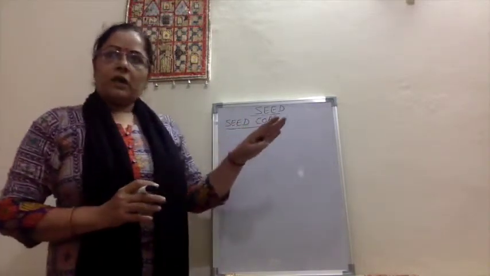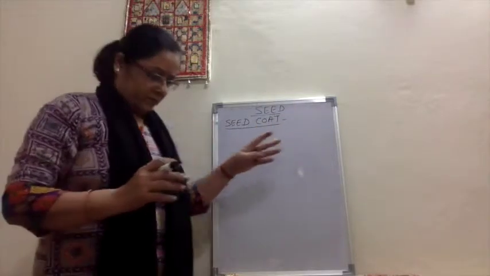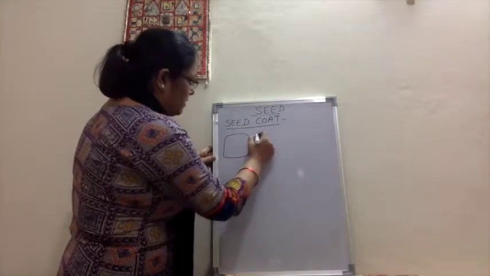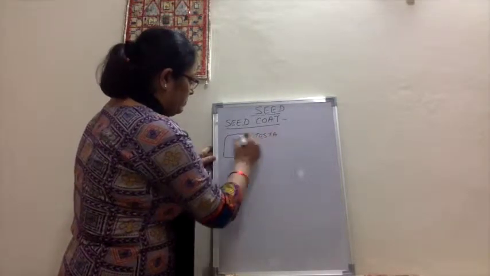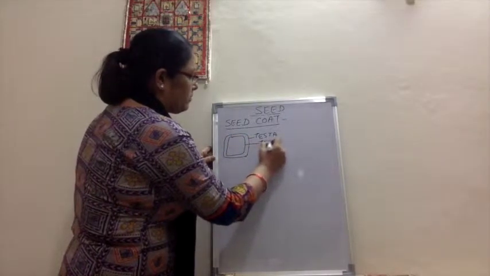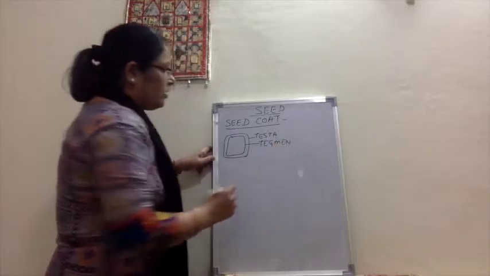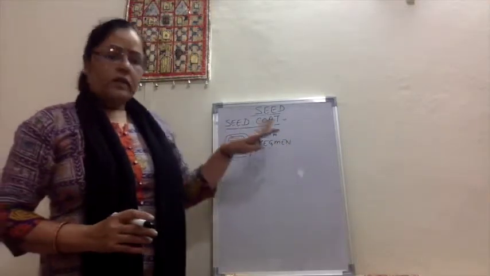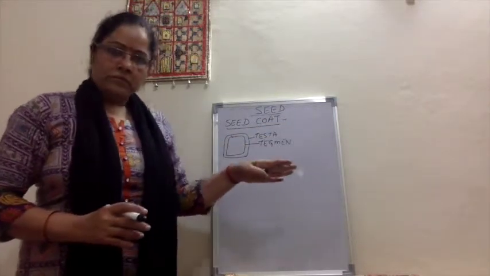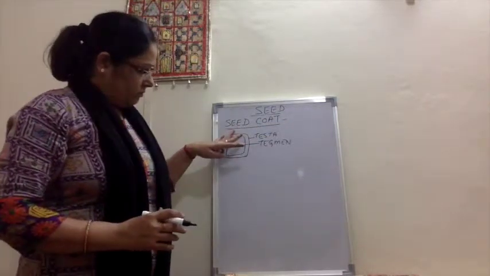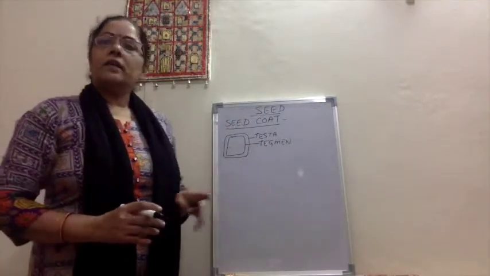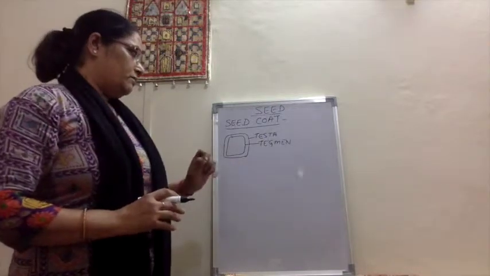Seed coat has two parts, testa and tegmen. The outer covering is testa, and inside there is tegmen. Seed coat protects the inner parts, and it's blackish in color as in gram, a shell-like and hard covering which protects the inner parts of the seed.